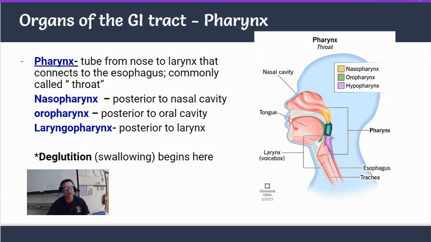Below that, you can call it either the laryngopharynx, or I always call it the hypopharynx. Hypo means below or lower, like hypoglycemia means you have low blood sugar. Hyperglycemia means you have high blood sugar. And then above that, posterior to your nasal cavity, that's going to be the nasopharynx. So those are the 3 parts of the pharynx.